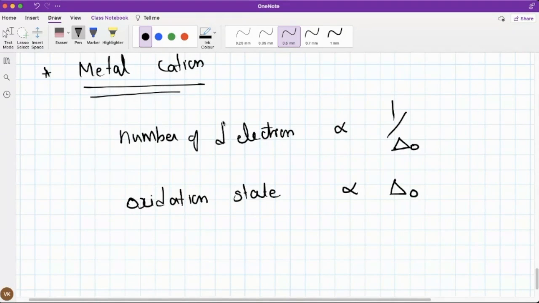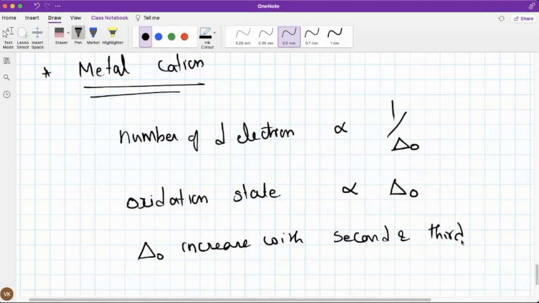And if the d electrons are more, then the delta naught will be less. Similarly, delta naught increases with second and third row transition metal ions or cations.